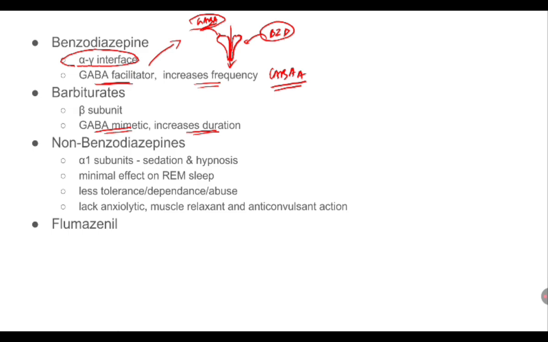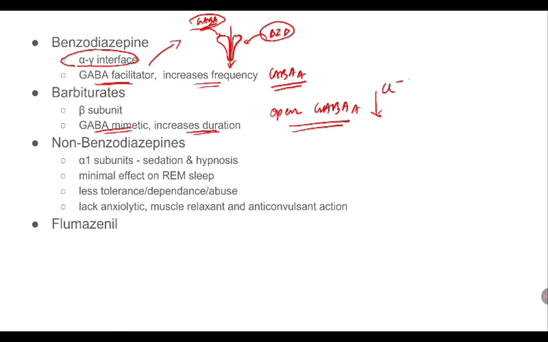Here it is mentioned as GABA mimetic. Why? Because this barbiturate alone can act like the GABA neurotransmitter. That is, alone they can open the GABA A receptor and help in increasing the conductance of the chloride ion.